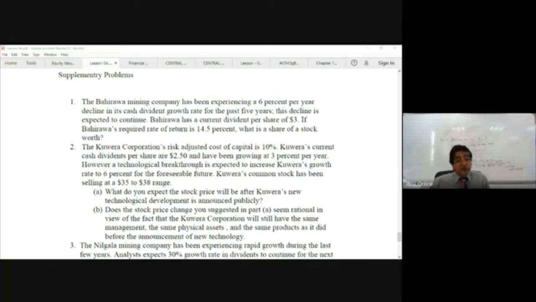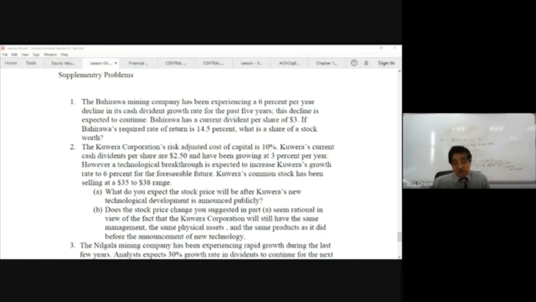The whole thing will go up. That is how we deduce it. Even without a calculation, we can say that. The price increase can be expected by looking at the formula.